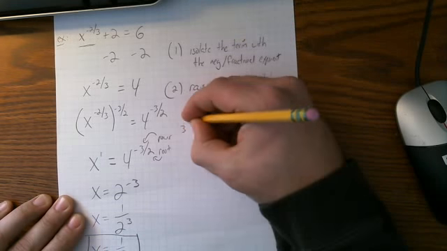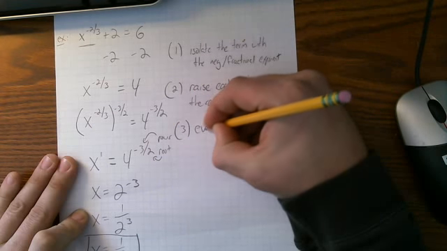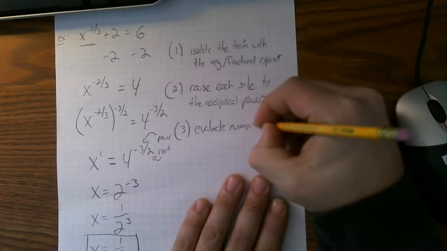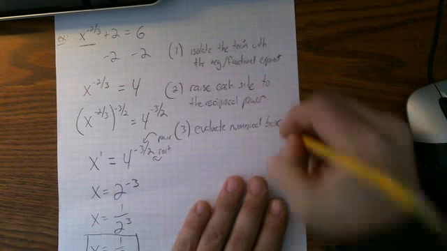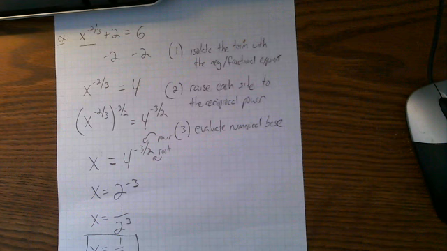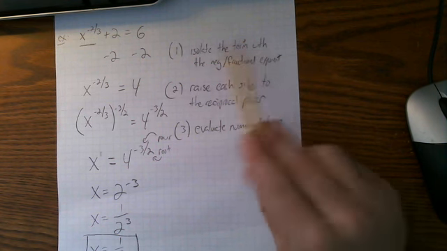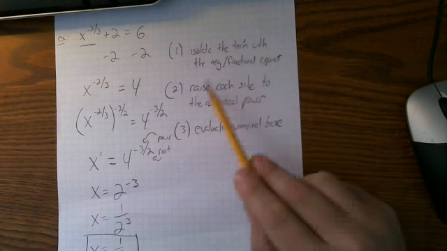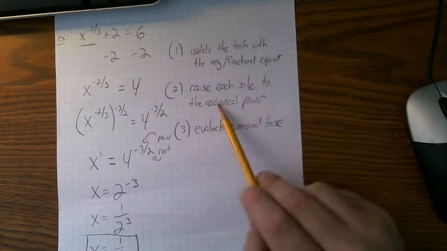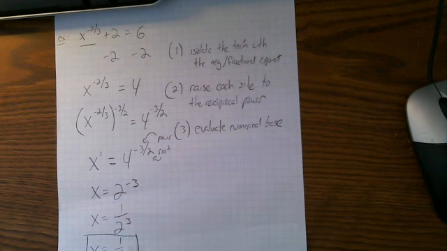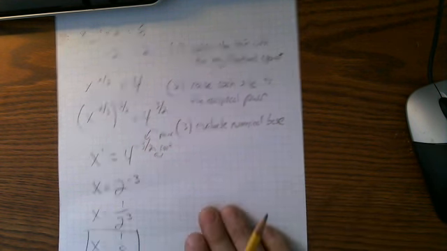So step 3 here: evaluate the numerical base. So, pretty simple procedure. The term that has the negative or fractional exponent, get it alone. Raise each side of the equal sign to the reciprocal of that power, and then evaluate any resulting numerical bases.